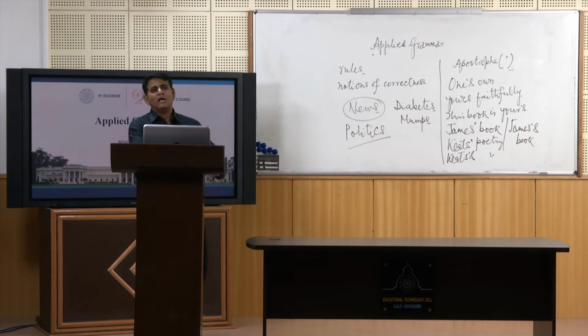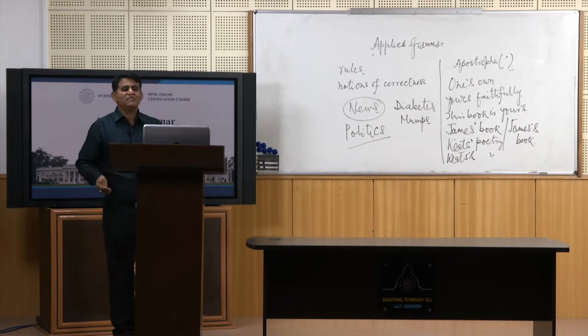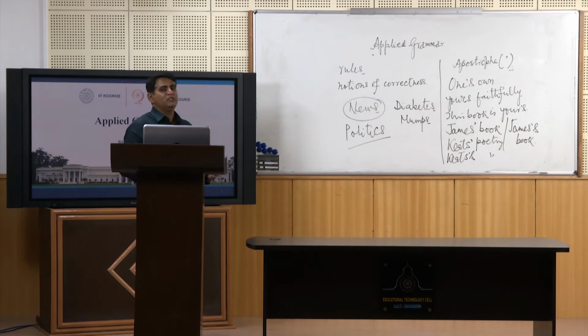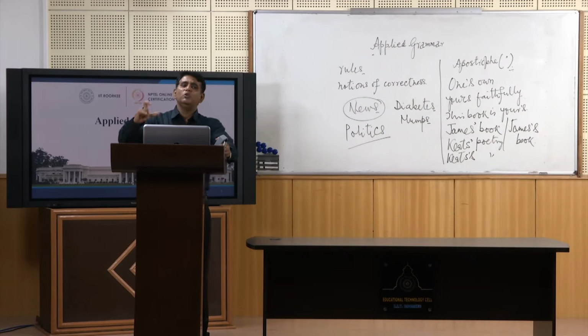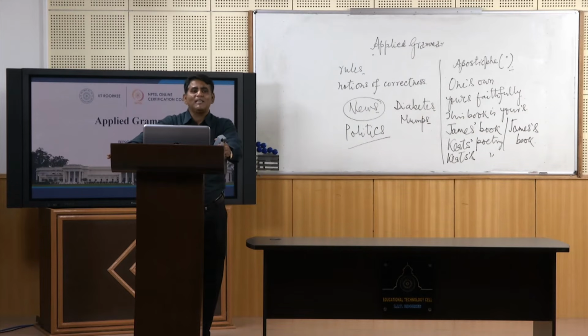Now something of utmost importance is subject-verb agreement. The problem arises especially in longer sentences, where you are not able to trace the subject, and when you put the verb in the later part of the sentence, you have a lot of confusion, and then the problem of disagreement between the subject and the verb arises.